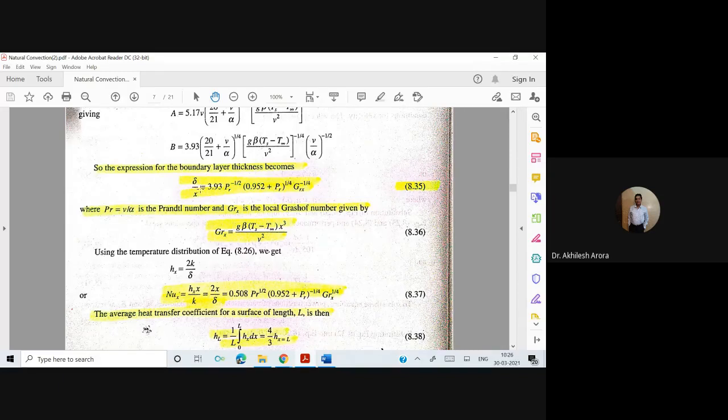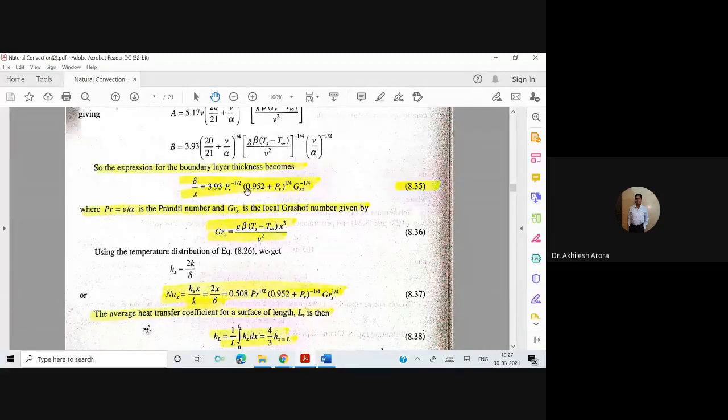Delta by x is equal to 3.93 Prandtl number raised to power minus 1 by 2 into 0.952 plus Prandtl number, raised to power 1 by 4, and the local Grashof number raised to power minus 1 by 4. So this is the expression for the boundary layer thickness, where Prandtl number is equal to nu by alpha, and Gr x is the local Grashof number, given by g beta (Ts minus T infinity) x cubed divided by nu squared.